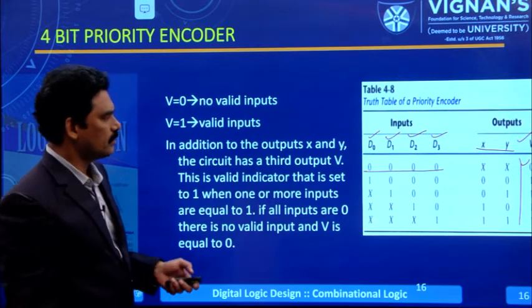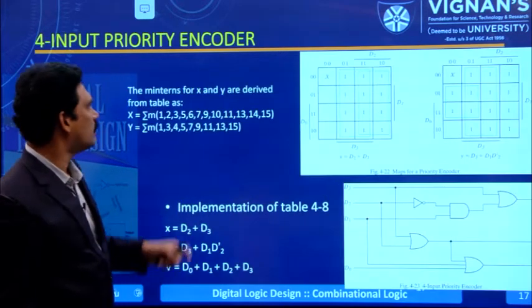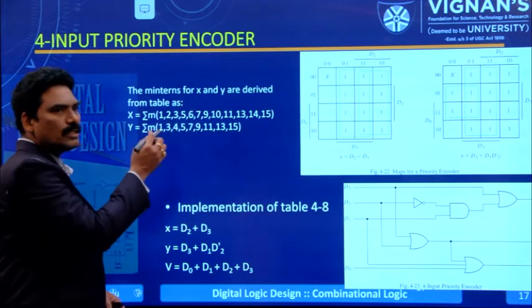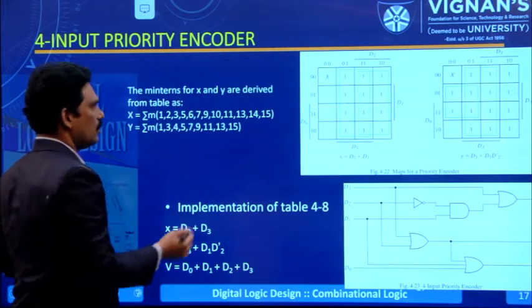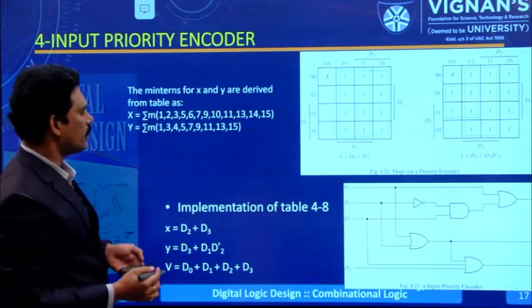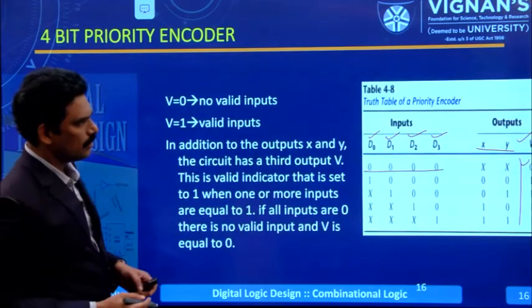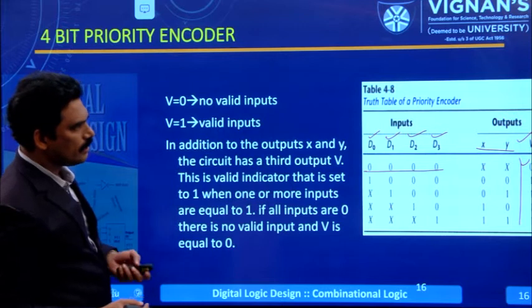How to write that one? The minterms for X and Y are derived from the table, the previous one. So, how to write the expression for X?